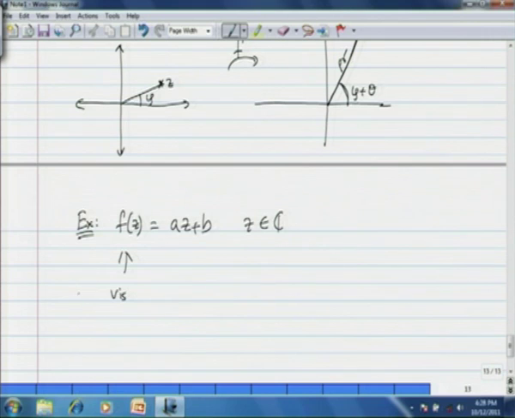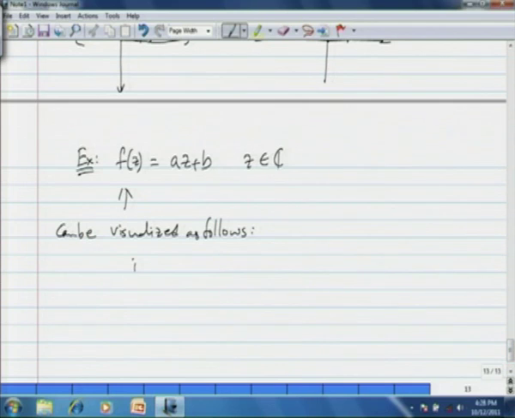So, f of z can be visualized as follows. It is a combination of three actions.